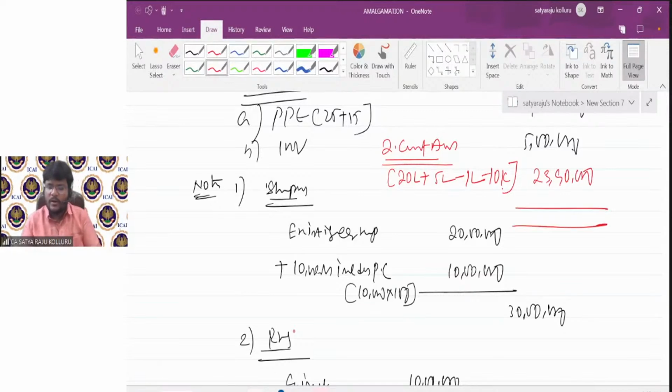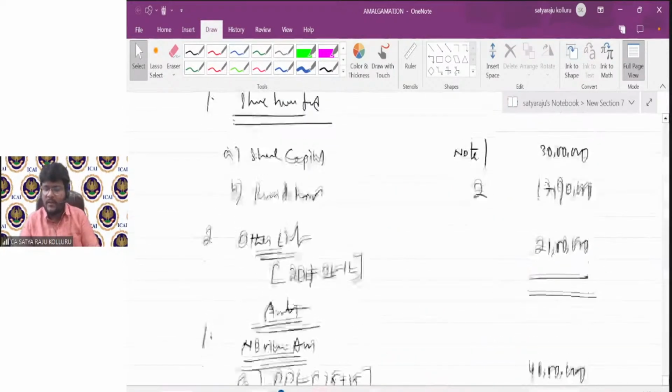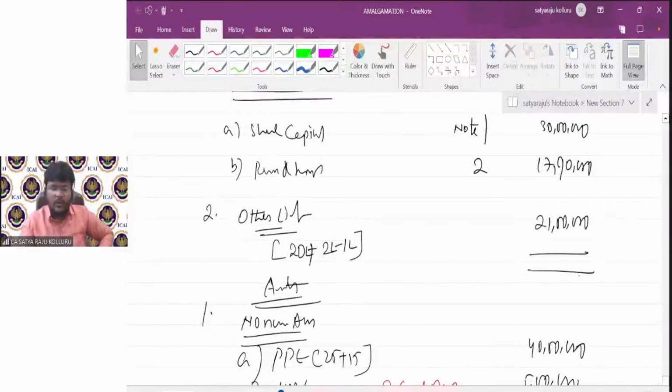Please, all of you make it total of the assets and liabilities here. What is the total of liabilities, guys? First of all, 30 plus 21, 51. 51 plus 17.9, 68 lakh 90,000. Correct?